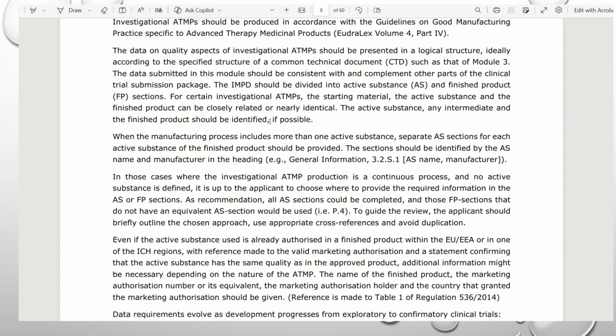That would be a closed system where we have a continuous manufacturing process with the initial cellular starting material, the apheresis or leukapheresis product, and we get out of that a few weeks later the finished product, which is the product that is going to be infused into the patient.